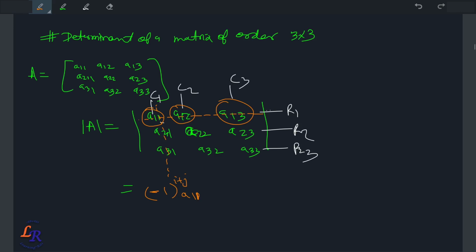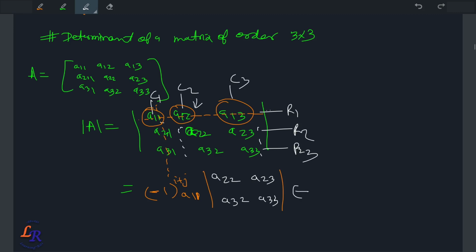And then you write the determinant of the remaining elements. Whichever row you follow, you don't touch any other element in that row and column, and the remaining elements, this part, will be multiplied with this. So it will become A22, A23, A32, A33, right? So for this element, leaving this row and the same column, you can expand this. Similarly, you follow for the second element in this row the same process.